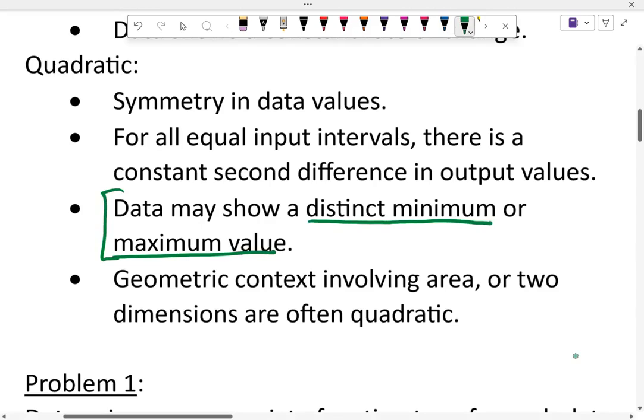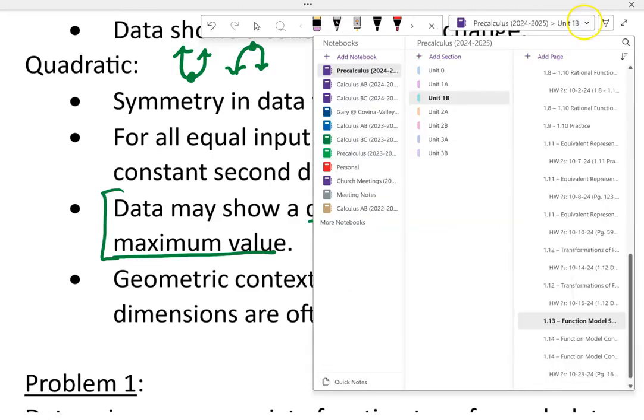Why? What's the shape of a quadratic? A parabola, right? It has that parabolic shape. Does a parabola have a distinct min or max? Yeah, it does. It has that absolute distinct min or max. The next one is a geometric context. We're not dealing with a geometric context. We're dealing with something else.